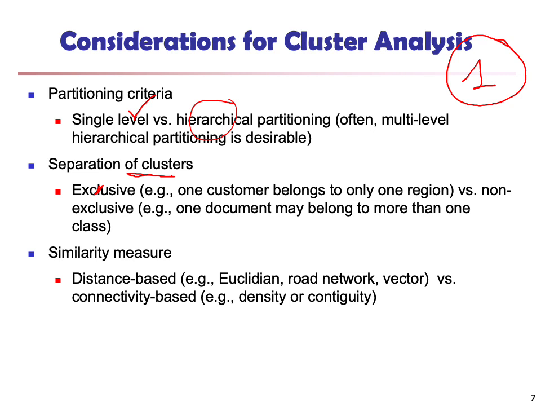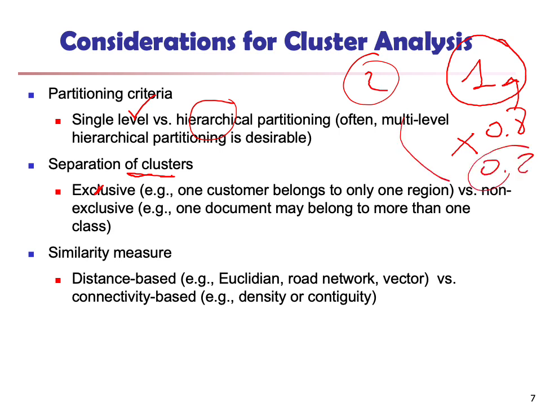So we can say that this instance has a 0.8 probability of belonging to class 1 and 0.2 probability of belonging to class 2. We call these non-exclusive type of clustering algorithms.